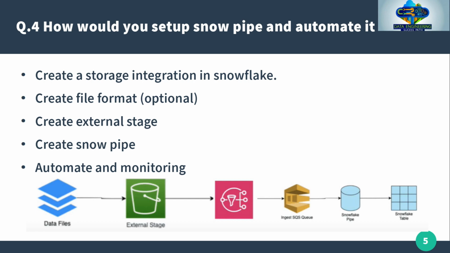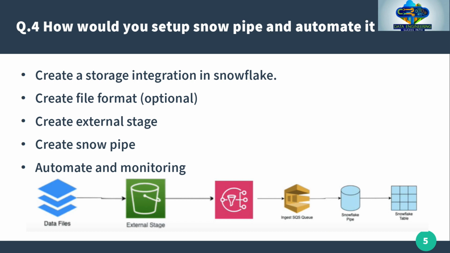CREATE STAGE my_stage, provide the URL equal to your S3 path, then pass the storage integration we created earlier, s3_integration, and the file format we created earlier, like the CSV file format, and your stage will be created.